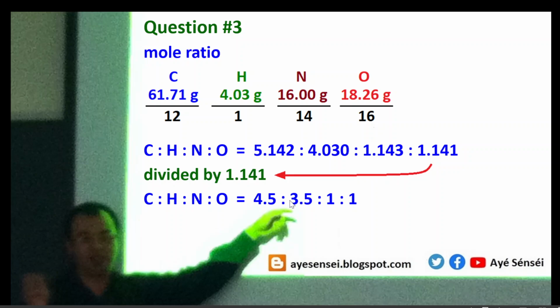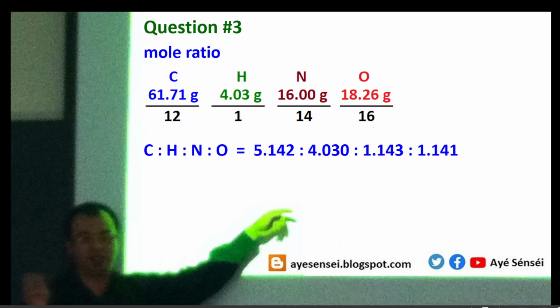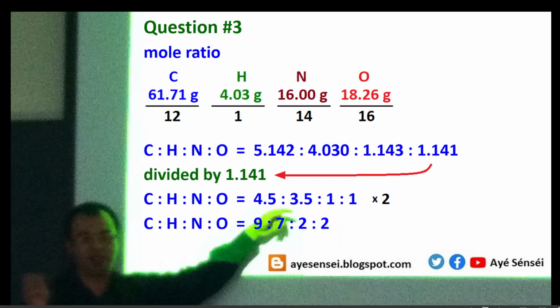But this is still not simplified yet, so we have to multiply by 2 so that we can get the ratio of 9 over 7 over 2 and then over 2. Until here, I hope you have no problem. Okay, so the empirical formula of this compound is C9H7N2O2. So the answer is B.